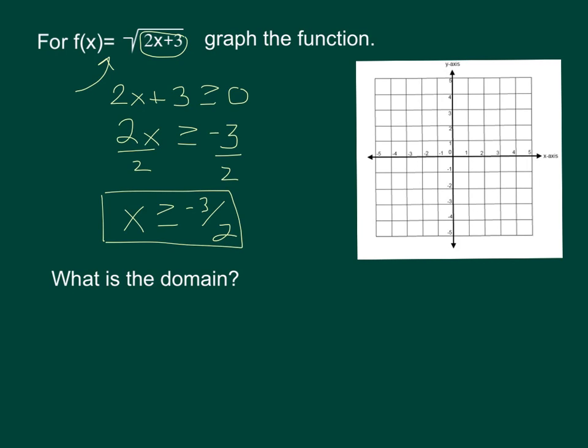If I want to do this from the graph, I probably need to get some ordered pairs here. 0, 1, 2, let's do negative 1. If I plug in 0, I get the square root of 0 plus 3. So I get the square root of 3, which is approximately, grab my calculator, 1.7.